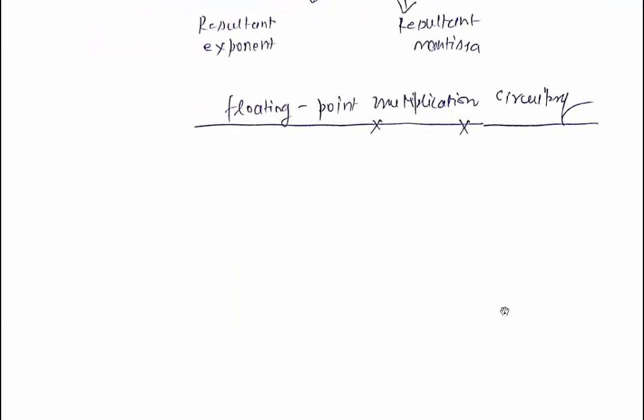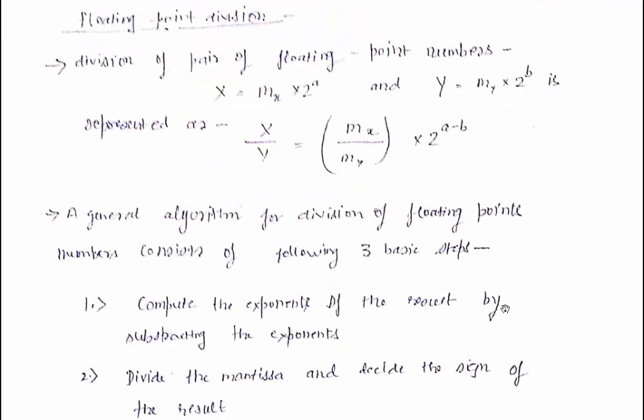Now we are going to look at floating point division. This is again very simple. In the case of floating point division, let's say we have a pair of floating point numbers: Mx times 2 raised to the power a, and another number My times 2 raised to the power b. Mx represents the mantissa of x, 2 raised to the power a represents the exponent of x, and similarly for y.